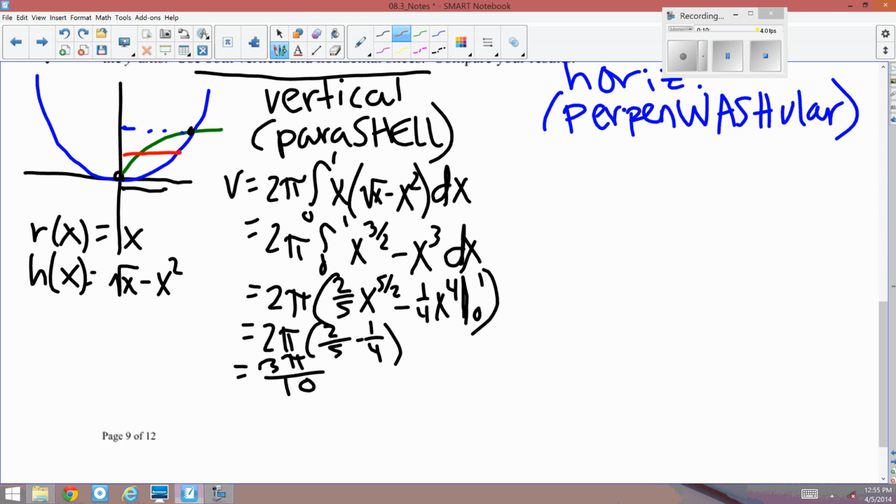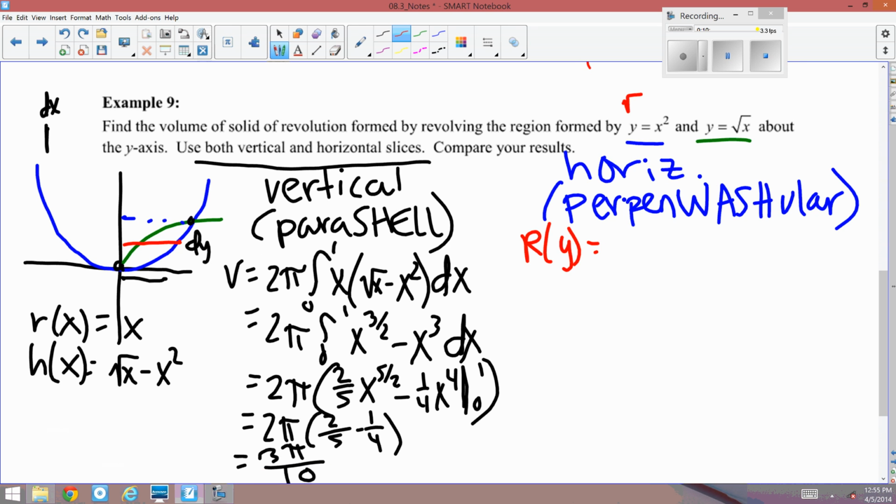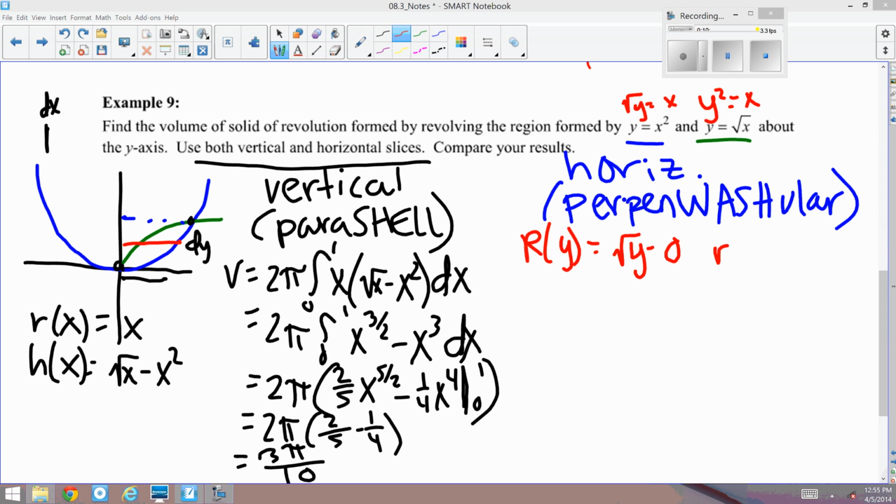Alright, so this is dy. So my R of y, my big radius, isn't going to be x squared. Instead, it's going to be the square root of y minus 0. My little radius, this will be y squared equals x, so my little radius is going to be y squared.